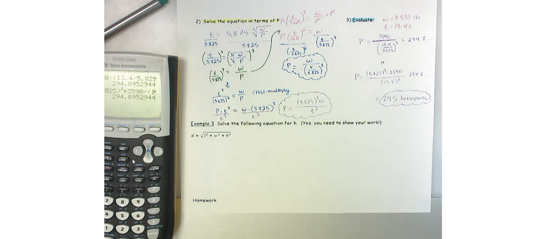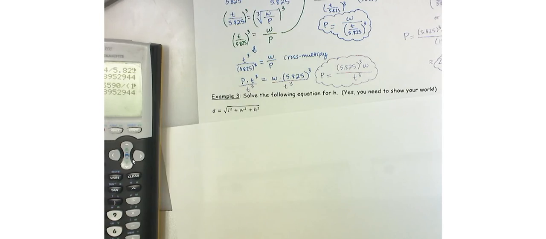It works if they are multiplied. So that is why we can take something like the square root of 18 and rewrite it as the square root of 9 times 2, because these are multiplied together.